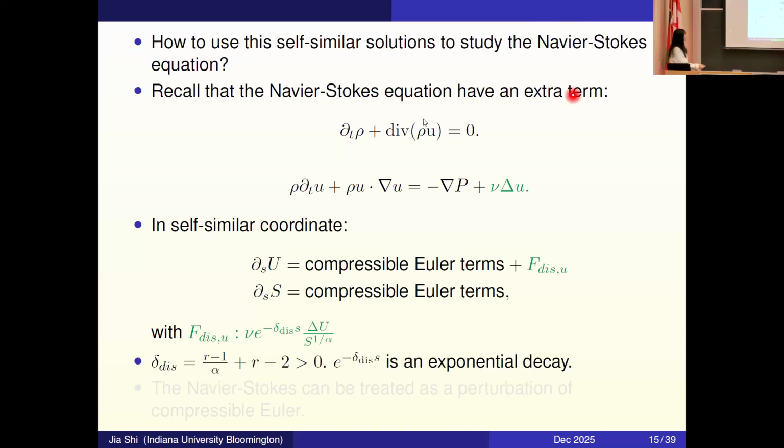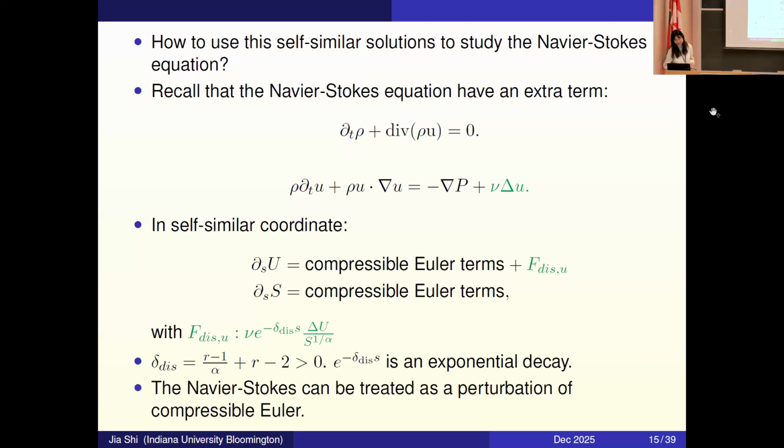And this delta dissipation will depend on the small r, which is the blow-up parameter, the one that you can choose. Well, you cannot choose any one because not every one corresponds to a self-similar solution. And the small alpha is determined by the physical parameter gamma, and needs to be greater than 0. Only when this is positive is this formally a perturbation, and in principle it can be treated as a perturbation.